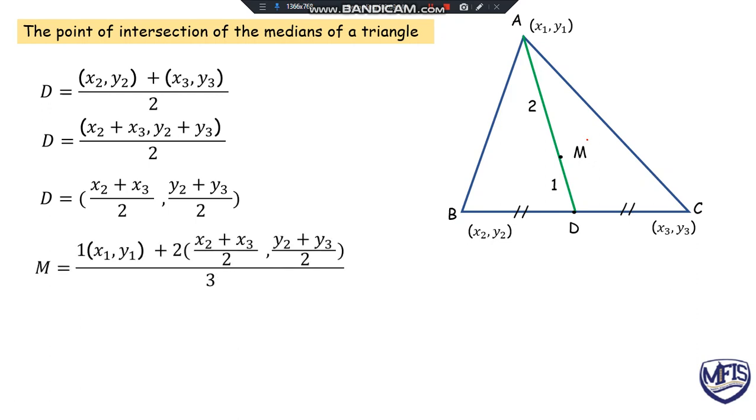So we can find the point M, and the point M divides the line AD internally. So we can use the ratio: 1 times the ordered pair (x1, y1), plus 2 multiplied by the ordered pair of the point D, which is ((x2 plus x3) over 2, (y2 plus y3) over 2), all over 3.